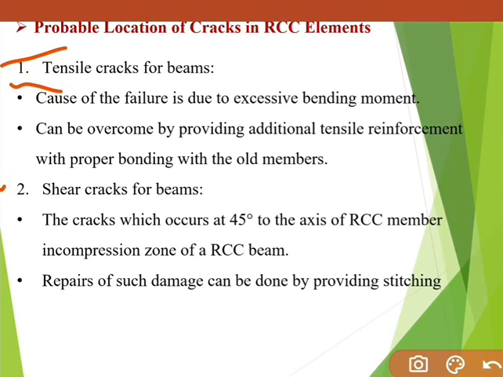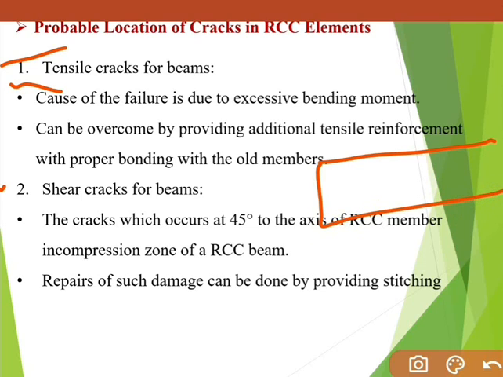Second, shear cracks for beams. These are cracks which occur at 45 degrees to the axis of the RCC member, in the compression zone of the RCC beam. Let me sketch the beam so that you can easily understand.